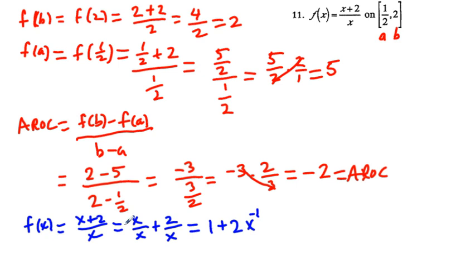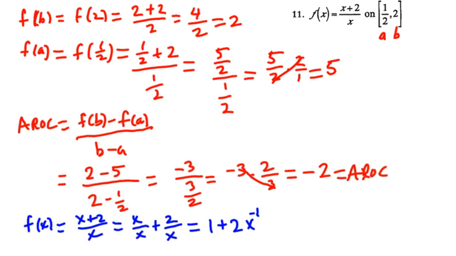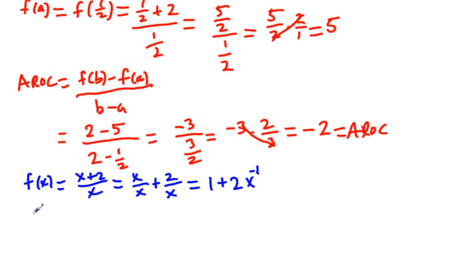So that's our f of x, and f prime of x is the derivative of this. The derivative of 1 is 0, and for the second term, we bring negative 1 out front times 2x to the negative 2 power, which equals negative 2 over x squared.